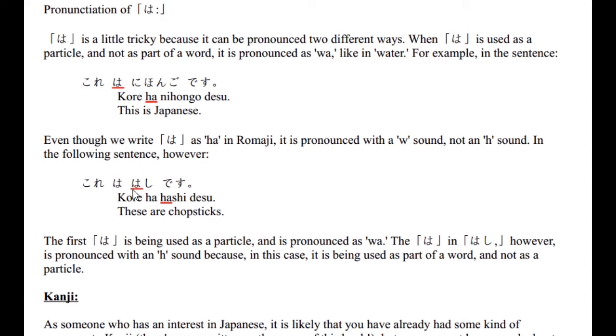Kore wa hashi desu. And it may seem strange, but even when it's pronounced wa, we still write it in Romaji as ha with an H. Some people I have seen use a W, but I don't think that's really correct. It should be written with an H, even though it's being pronounced as wa. So just know, when being used as a particle, it's pronounced wa. When it's being used as part of a word, it's pronounced ha.